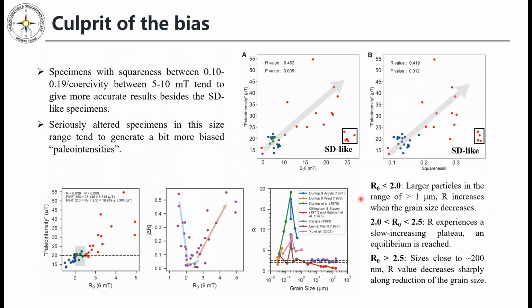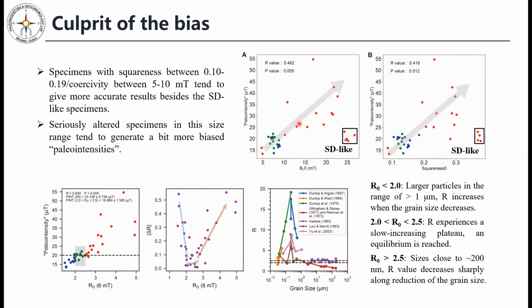Let's go back to the initial state of the samples. These two pictures show the relationship between the paleointensity results and the hysteresis parameters. It's interesting that besides some single-domain-like samples, other data have a very good correlation in this plot.